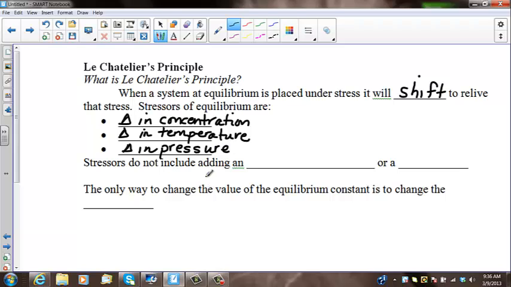Stressors do not include adding an inhibitor, something that would slow down a chemical reaction, or a catalyst.